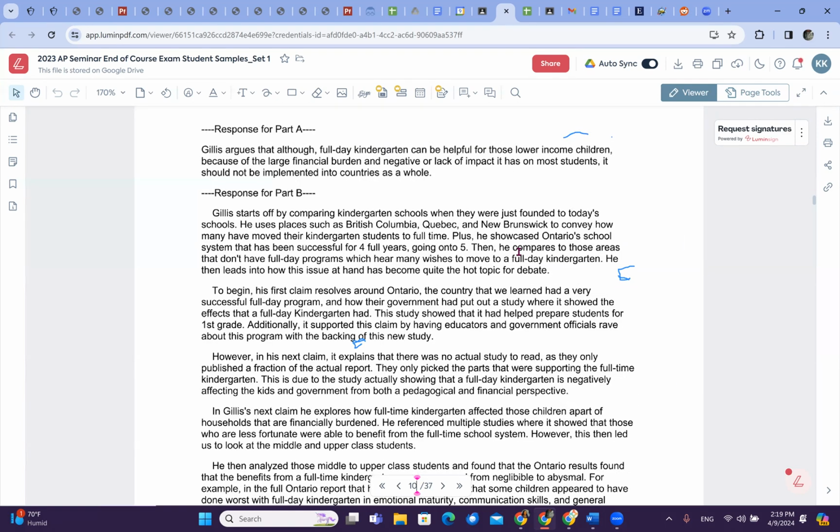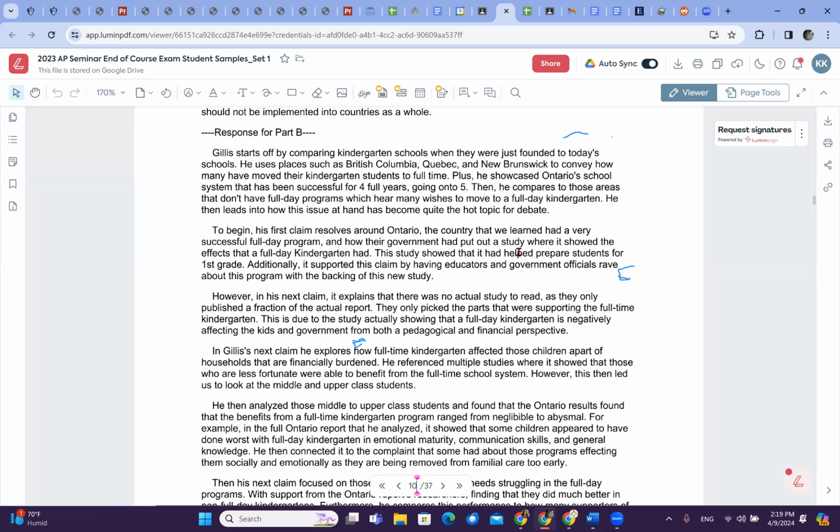Gillis starts by comparing the kindergarten schools when they were just founded to today's schools. He uses places such as British Columbia, Quebec, and New Brunswick to convey how many have moved their kindergarten students to full-time. This is excellent. He totally got the argument that it was half what it was before and got to full-time. Plus, he showcased Ontario's system that has been successful for 4 full years, going on to 5.